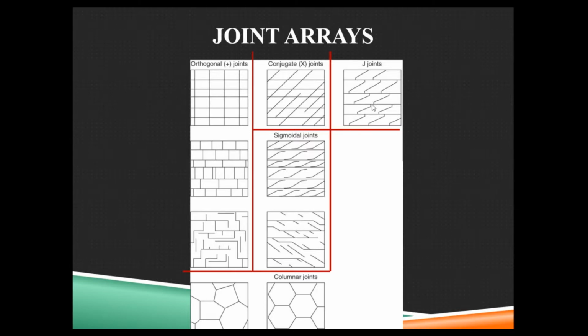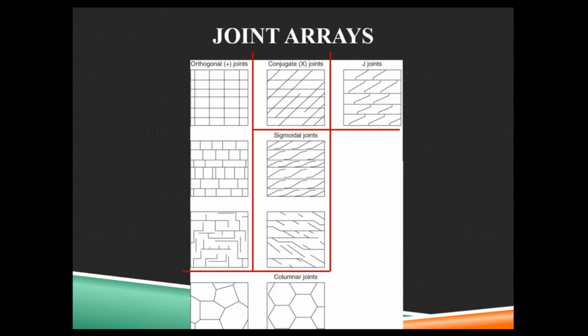J joints up here on the top right are very similar to the sigmoidal, except instead of the ends of the angled joints curving parallel to the large through-going joints, they curve opposite so that they hit them perpendicular.